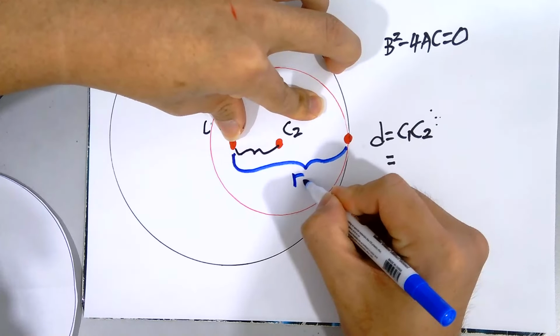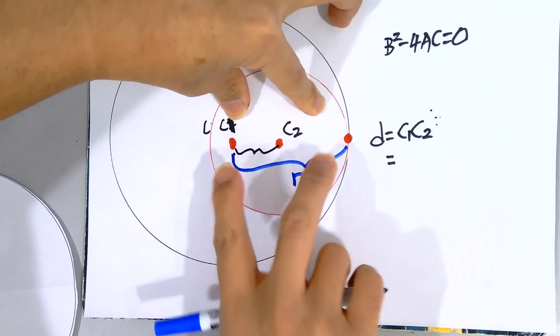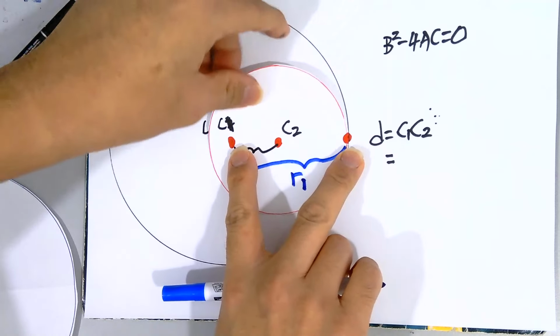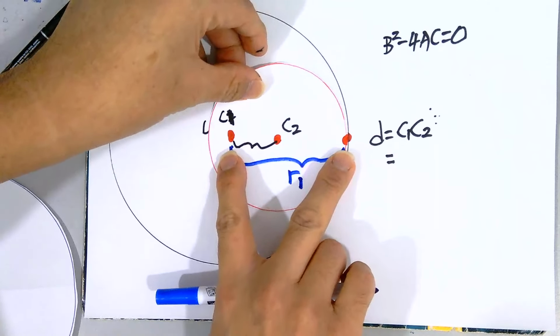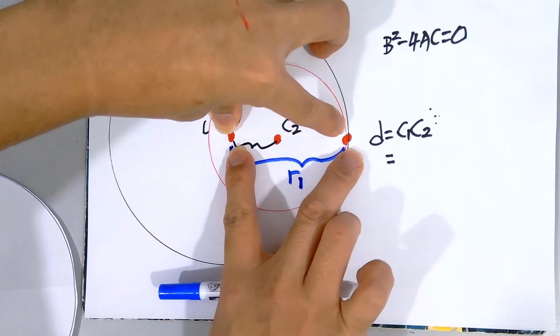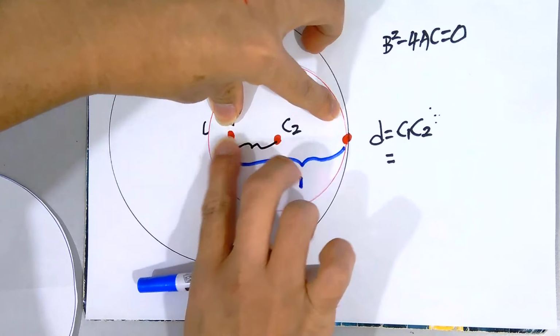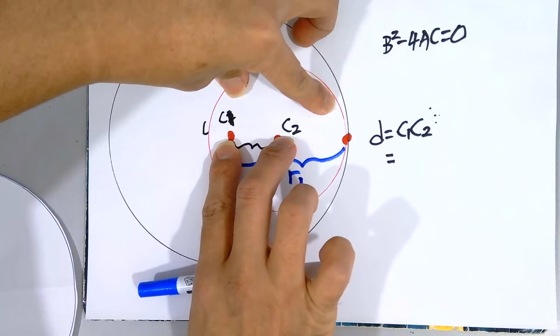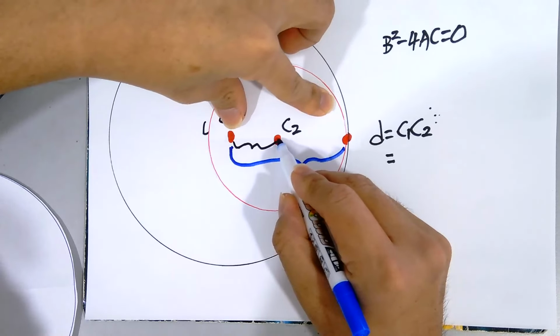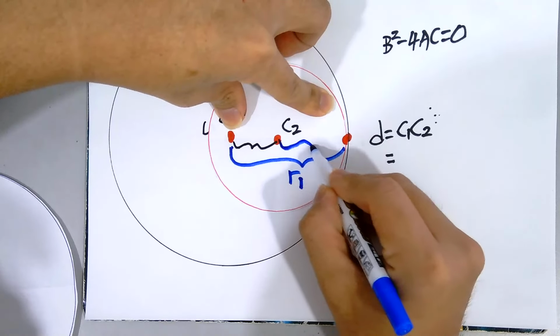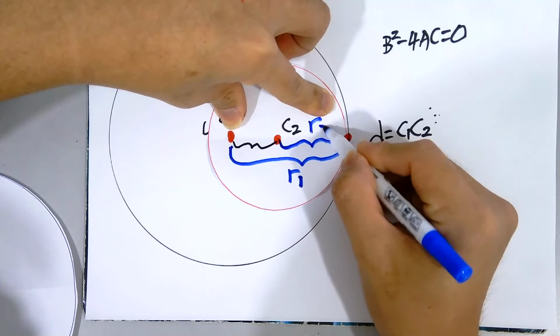So this is your R1. This is the center of the big circle, center to the point of contact. And the distance from the center of the second circle to this point of contact will be the radius.